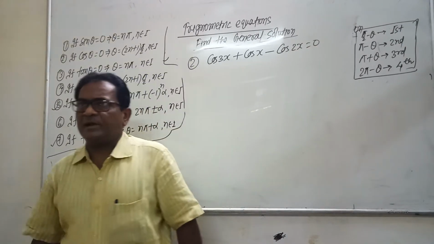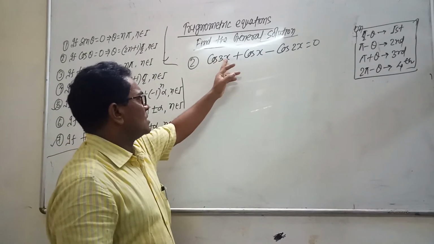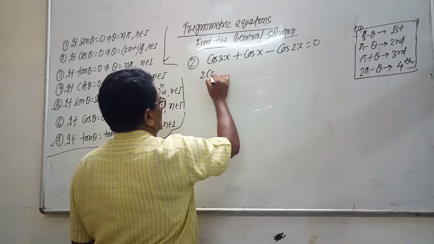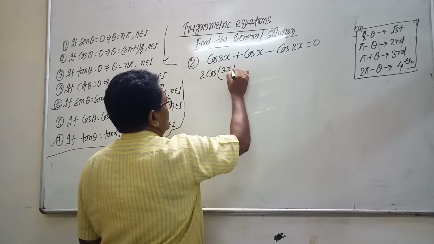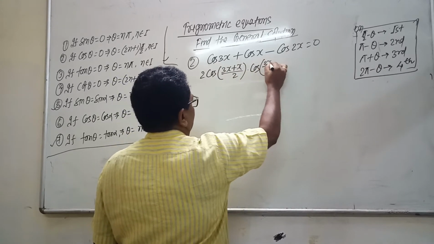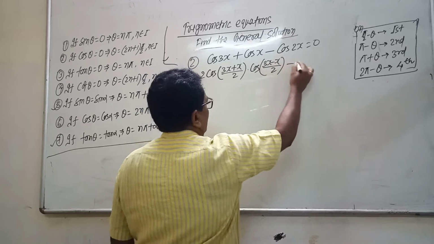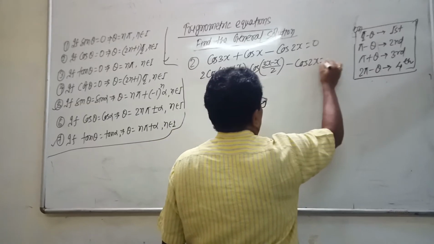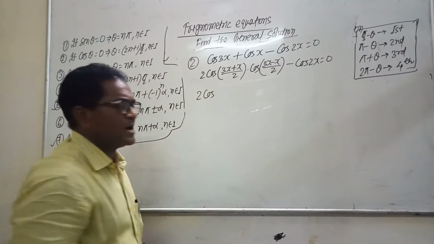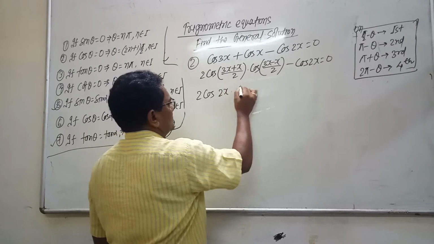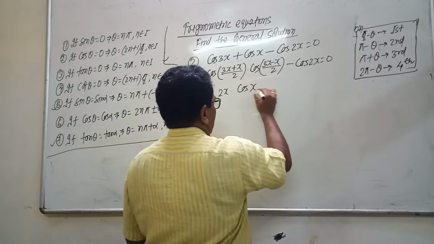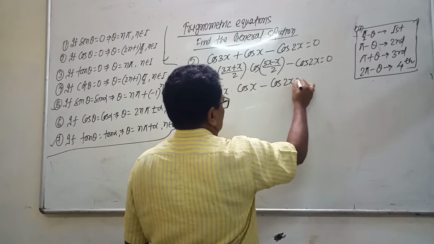In this we will use the formula for cos C plus cos D. The formula for cos C plus cos D is 2 cos (C plus D) by 2 into cos (C minus D) by 2, and minus cos 2x equals to 0. Solve this: 2 cos (3x plus x) by 2, that is 2x, into cos (3x minus x) by 2, that is x, and minus cos 2x equals to 0.